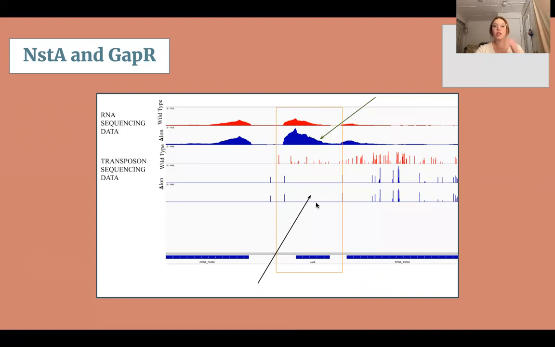And we're also seeing no transposons in the transposon sequencing data, which is inferring that NstA is actually an essential gene in a delta lon mutant. So in a delta lon mutant, it is essential to the fact that NstA inhibits topo 4 activity.